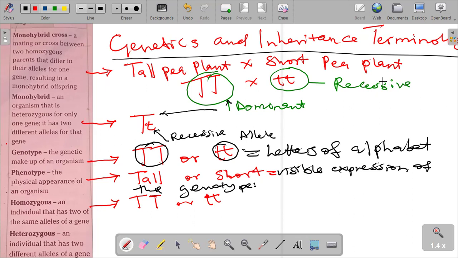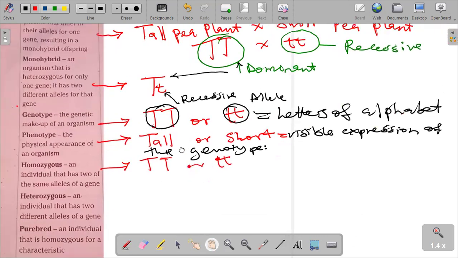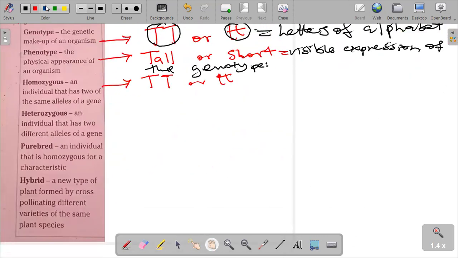And then heterozygous. What do we mean by heterozygous? Heterozygous is an individual that has two different alleles of a gene.